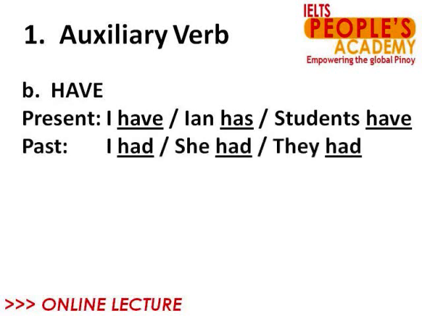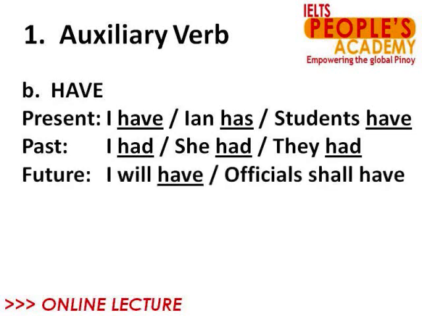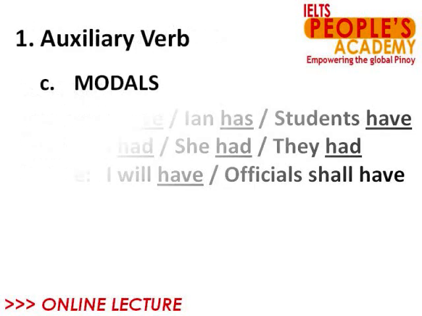Now, when it comes to the past tense, keep in mind that regardless whether your subject is singular or plural, you make use of had, as in I had, she had, they had. Finally, for future tense, we make use of 2 modals again, will and shall, combined together with the verb have.